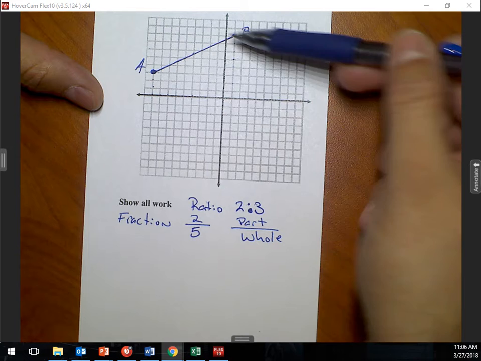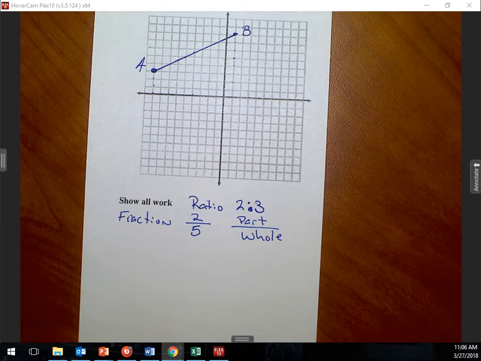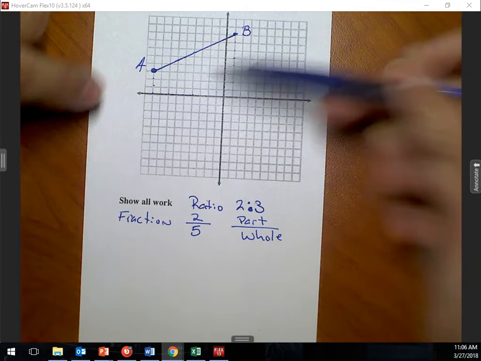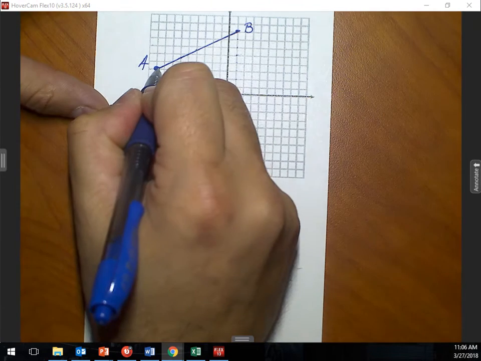Now, given this right here, I'm going to make a right triangle. I'm going to make this into a right triangle. So I'm going to go from here.